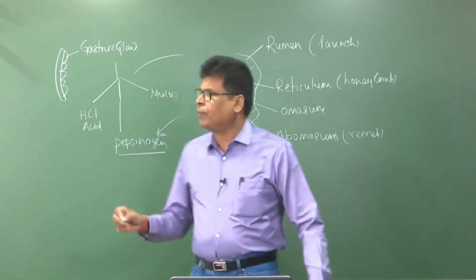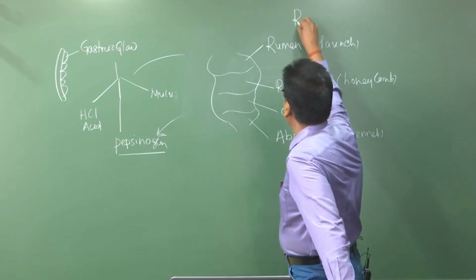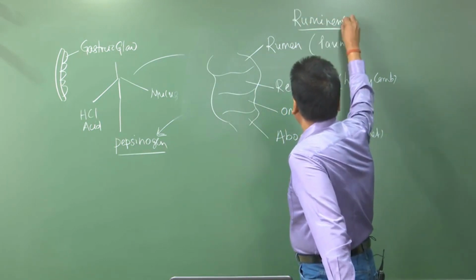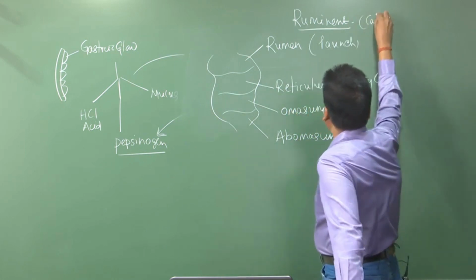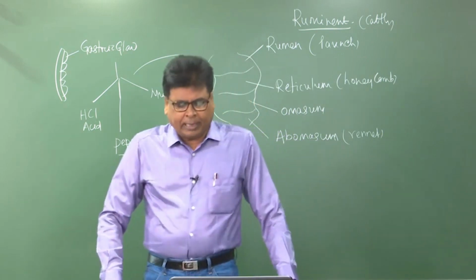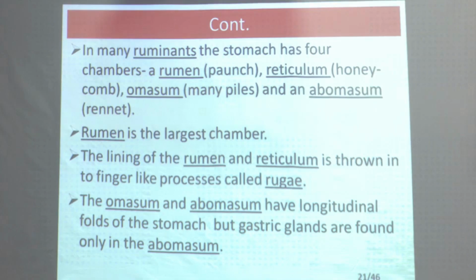So, where are they found? In the case of ruminants, they are grass browsers, especially the cattle. So, this is found in cattle. In ruminants, these are 4 chambers. Rumen is the largest chamber.